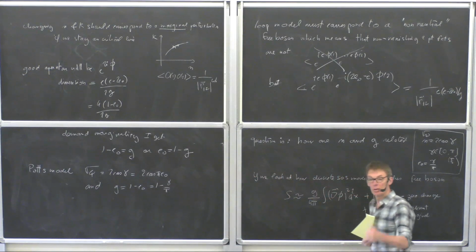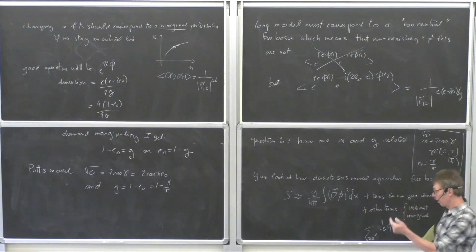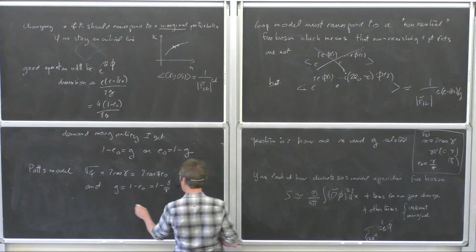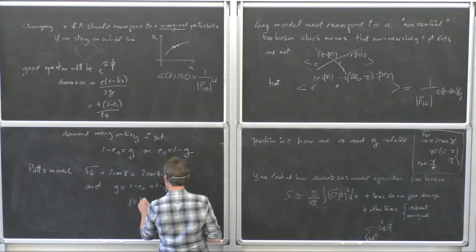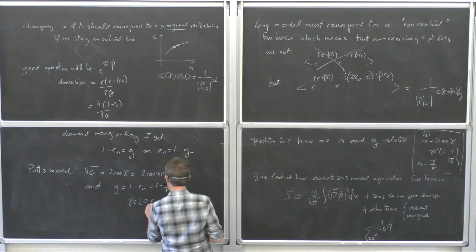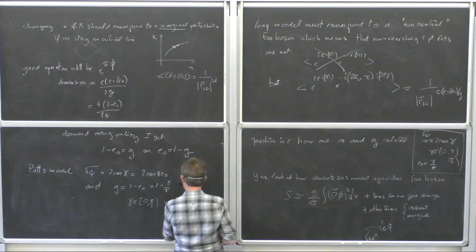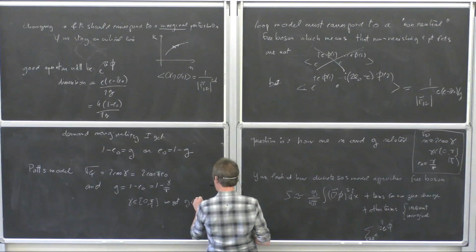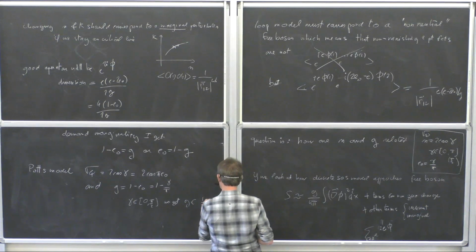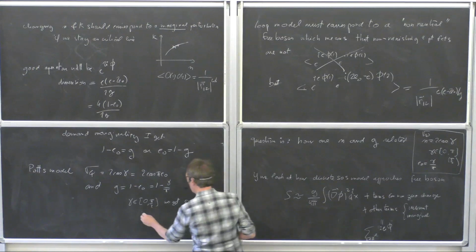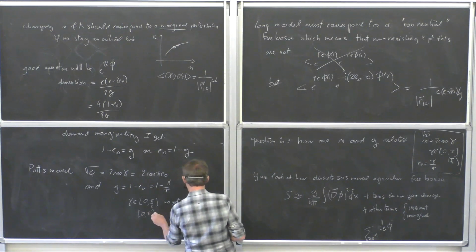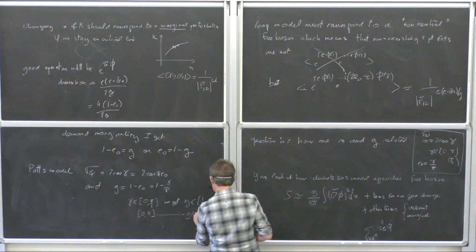You have all your parameters. You have g, you have e naught, and therefore you have the dimensions of the vertex operators. So if gamma is between 0 and pi over 2, we get g in between 1/2 and 1. If we allow formally gamma to run between 0 and pi, we get g between 0 and 1.